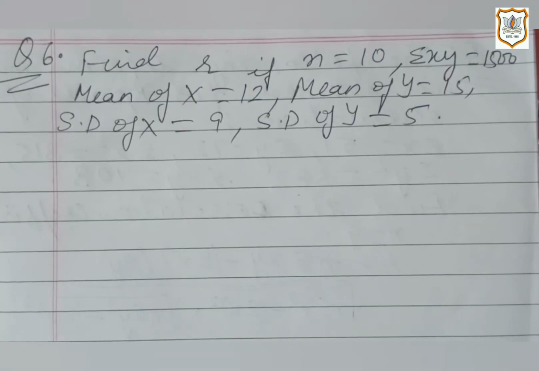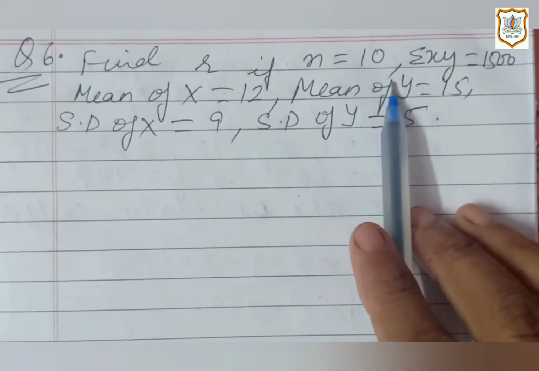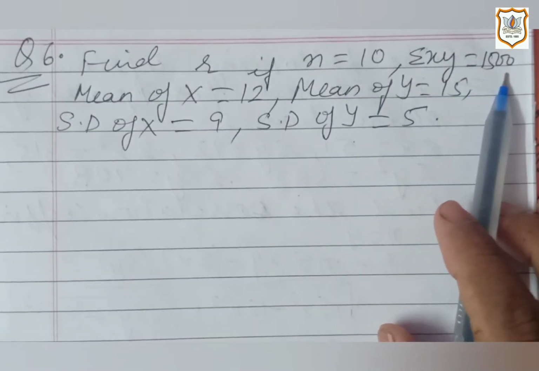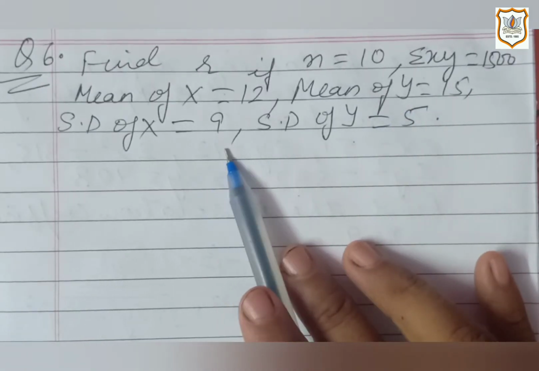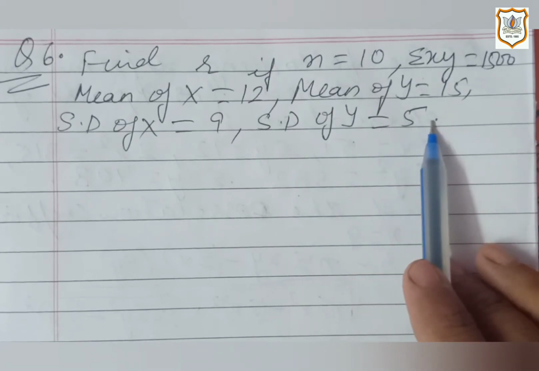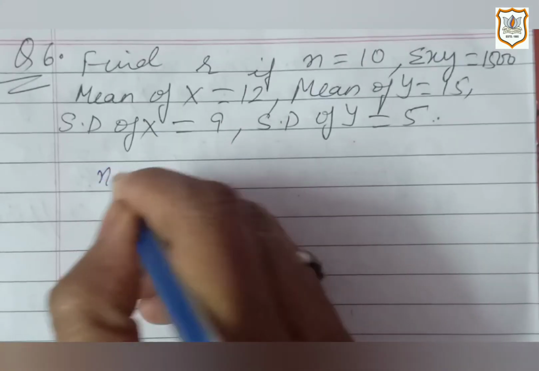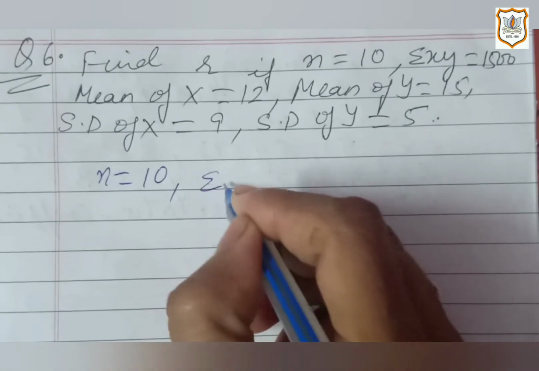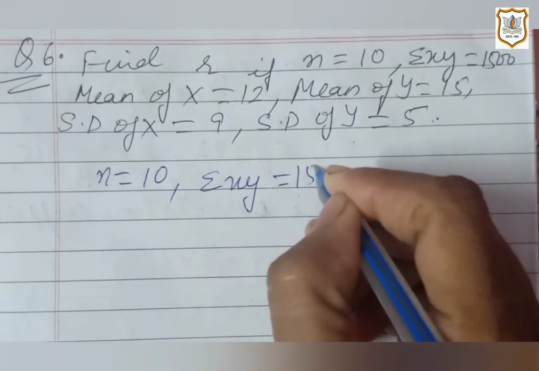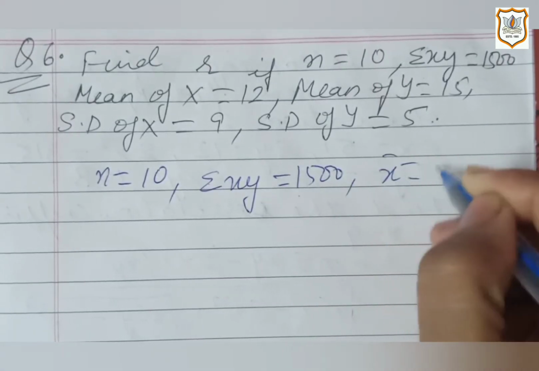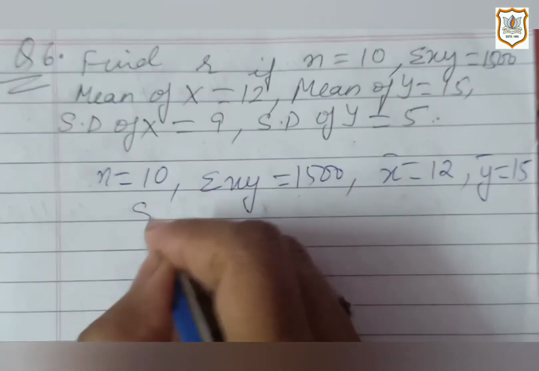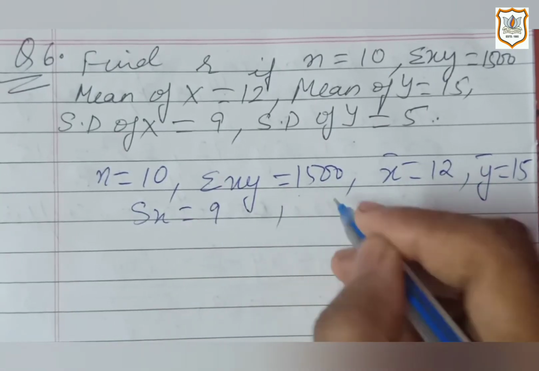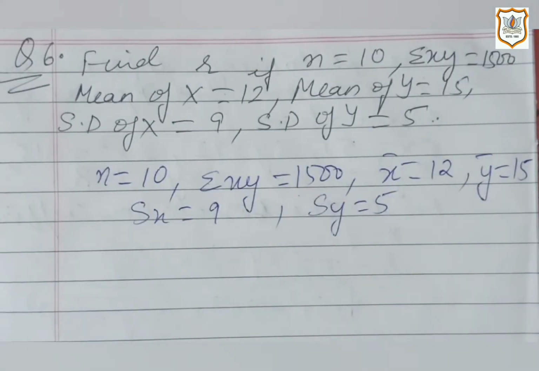Now let us see the next question, question number 6. Find R if n is equal to 10, sigma xy is 1500, mean of x is 12, mean of y is 15, SD of x is 9, SD of y is 5. That means n is 10, sigma xy is 1500, x bar is 12, y bar is 15, sx is 9 and sy is 5.